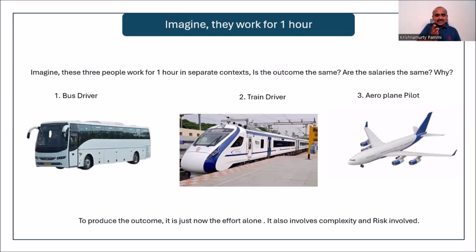Now, you may ask, once the aeroplane takes off and it is in the air, he is not doing anything, probably just taking care of the autopilot suggestions or the mechanical devices' suggestions. He will be driving. So what's the big risk he's taking, you may ask?